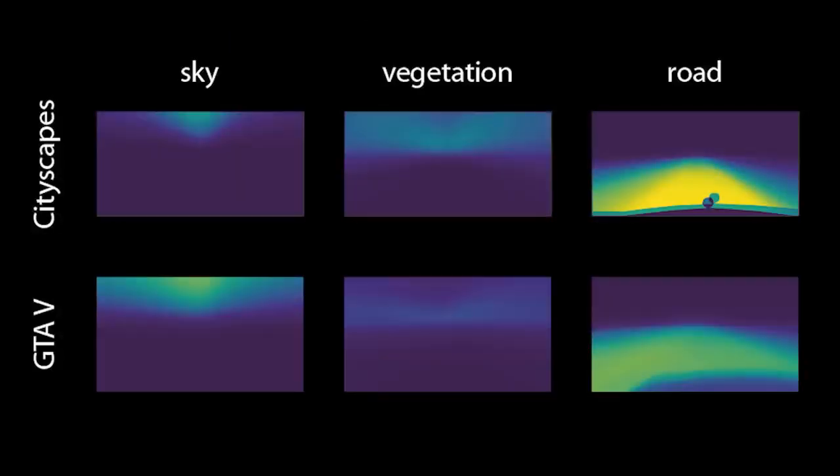Here we see the probabilities for each pixel to contain a certain type of object. The top row shows Cityscapes, the bottom GTA 5. Images from GTA contain much more sky at the top, where Cityscapes images contain vegetation. Images from Cityscapes have a Mercedes star at the bottom. If we train our network with full images from both datasets, it will start adding Mercedes stars and place trees in the sky.